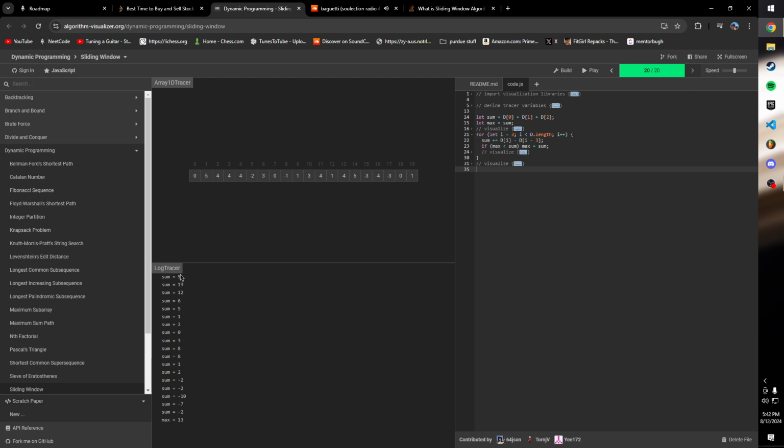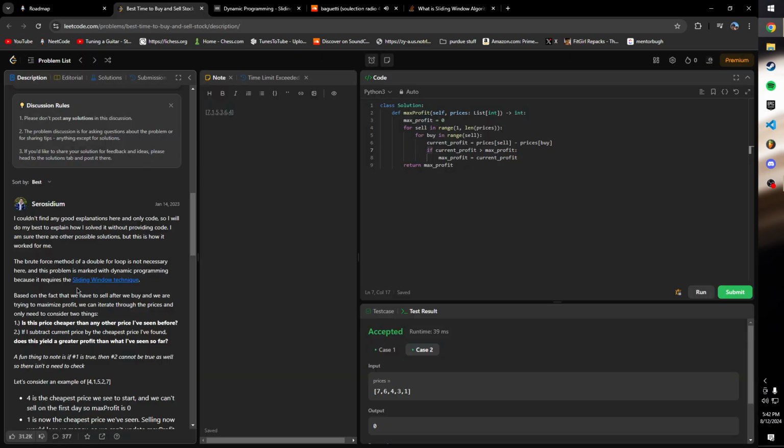Okay, so I get the part of the sliding window, but isn't the size of the window gonna change? Is this price cheaper than any other price I've seen before? If I subtract the current price by the cheapest price I've found, does this yield a greater profit than what I've seen so far? No.